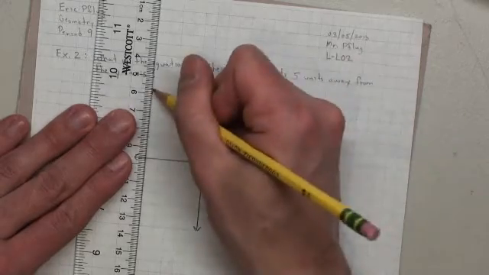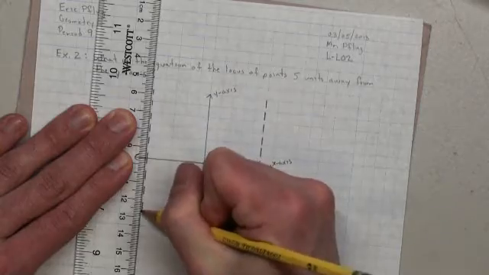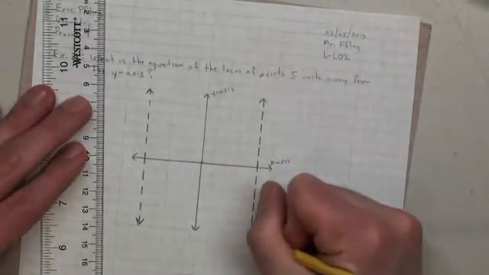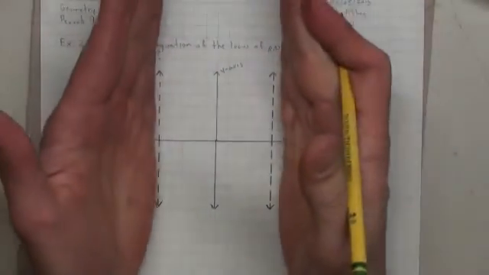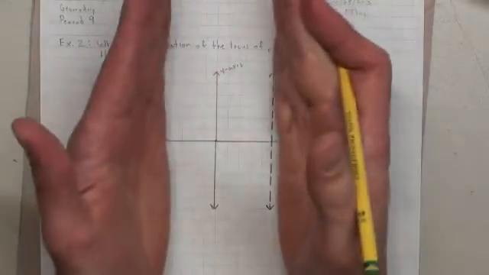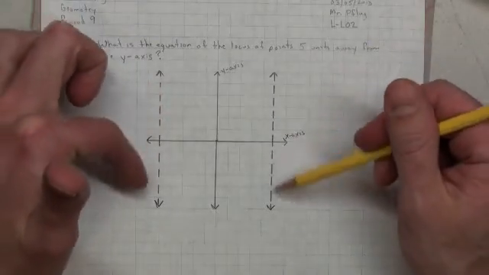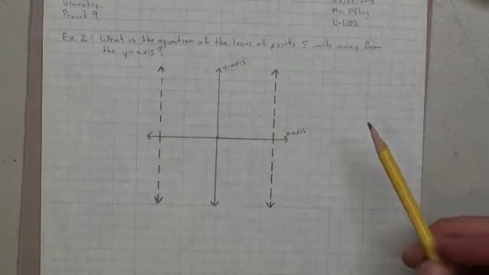And all of the points on this line are also 5 units from the y-axis, right? These two lines are parallel, and they're both 5 units away from the y-axis. These are the locus of points 5 units away from the y-axis, all the points that lie on these two lines. So they want to know the equations of these two lines.